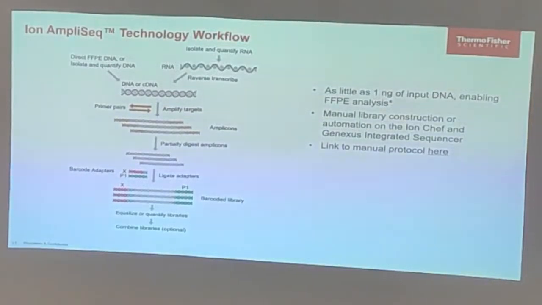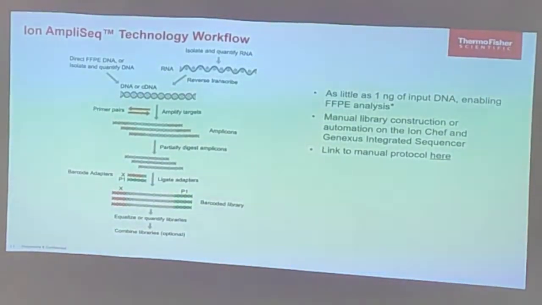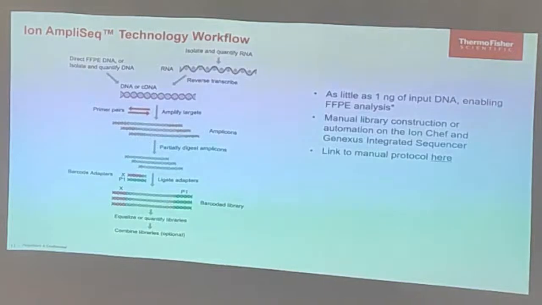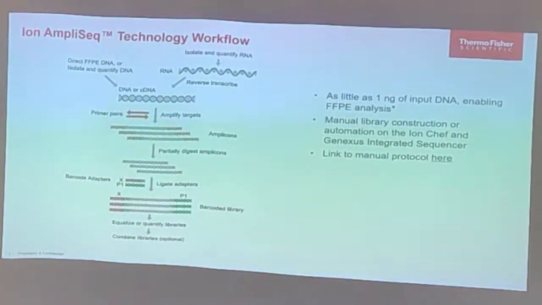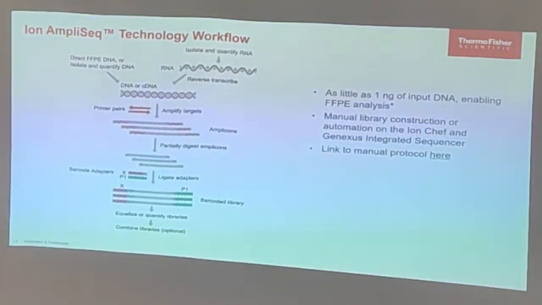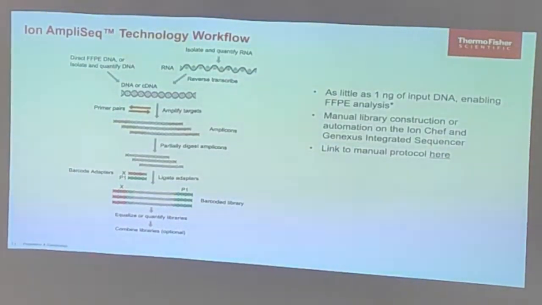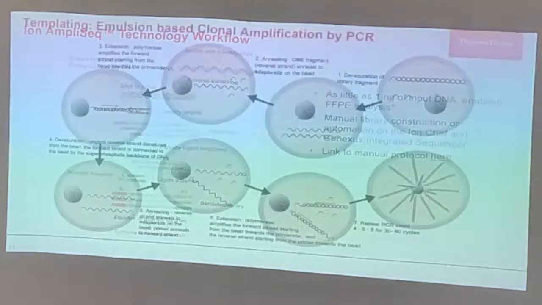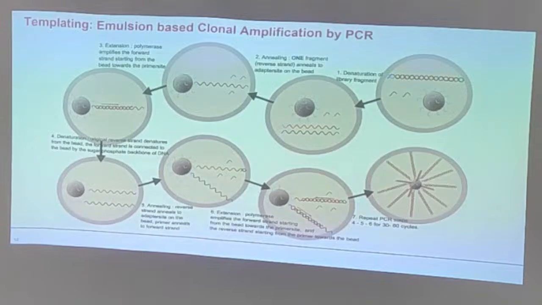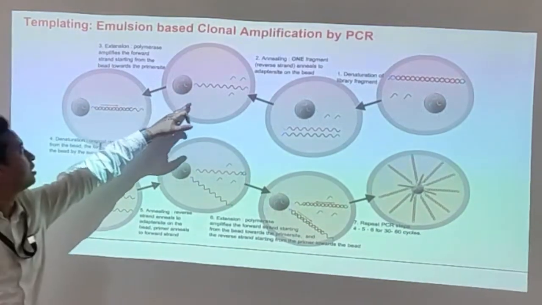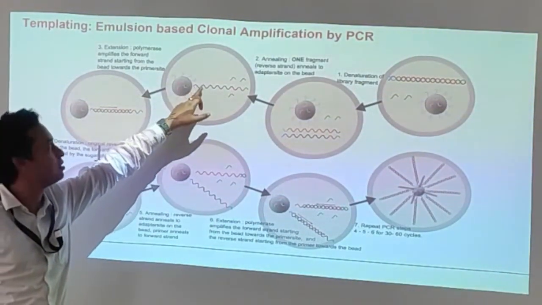Now, once the amplicons are developed and the enrichment is done, these adapters are again used for taking your sample into the Ion Sphere. That is something I wanted to show you. These are the small beads. They have a complementary sequence.